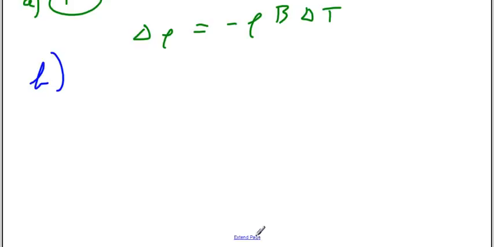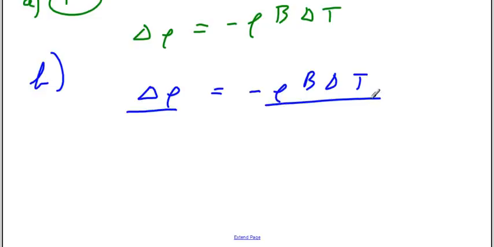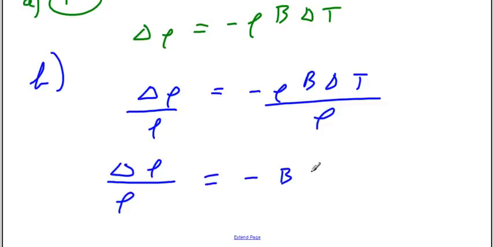So I'm going to take what I started with, change in rho is equal to minus rho beta delta t, and I'm going to divide top and bottom by rho. All right, so I have delta rho over rho is equal to minus beta delta t.